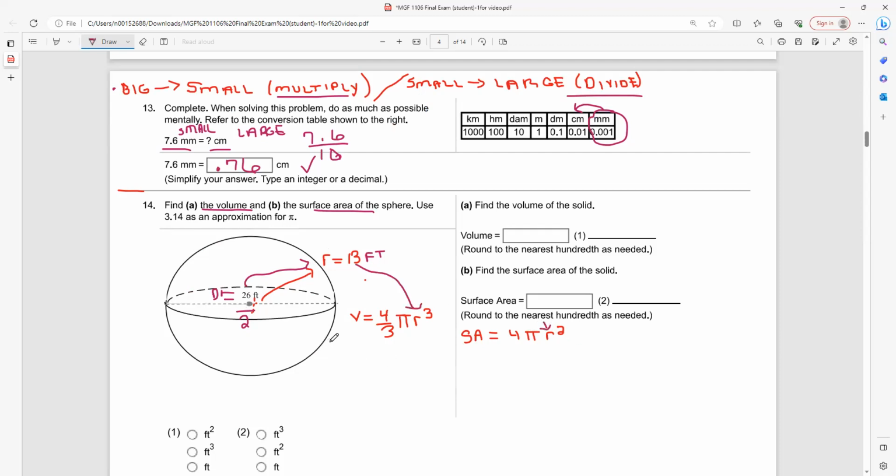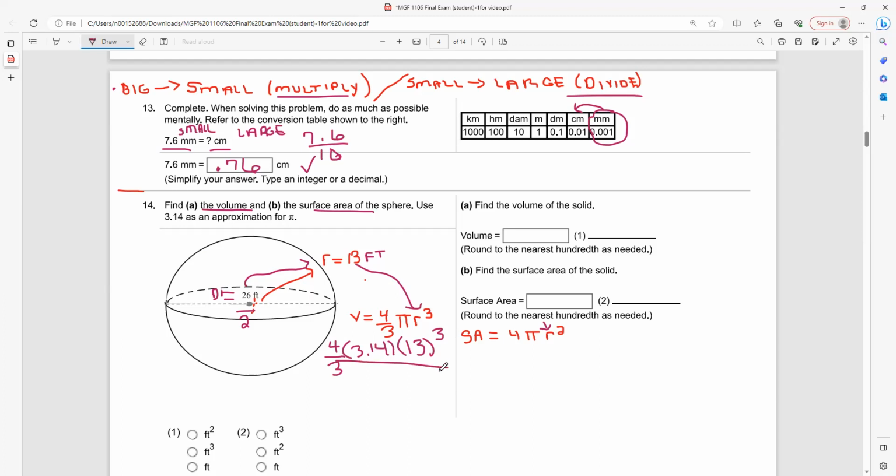So we're just substituting for the volume. We have 4/3 pi, we're substituting 3.14 times our radius cubed, so 13 to the 3rd power. You want to make that calculation first. 13 to the 3rd power. Make sure you put those exponents in there first. 13 to the 3rd power times 3.14, and then times 4.